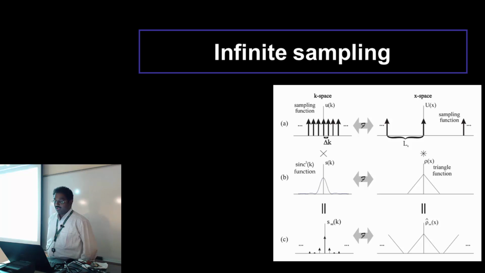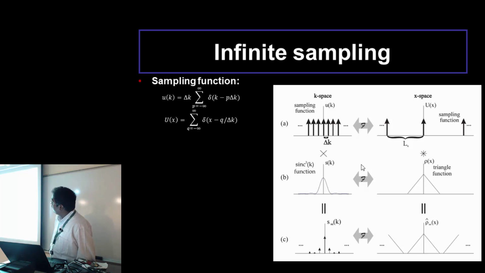So you have your comb function, which is your sampling, and in this case we're starting in the k-space domain, which is the time domain of your signal. Let's say your sampling interval between one sample and the next is delta k. Now you saw that when you take the comb function and Fourier transform it, you get this delta function which is periodic in 1 by delta k, right?